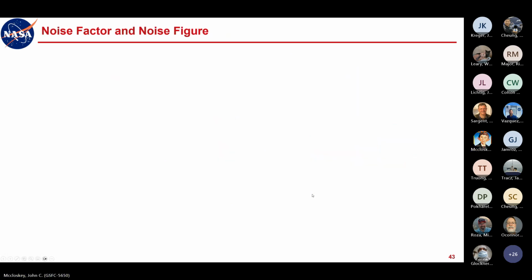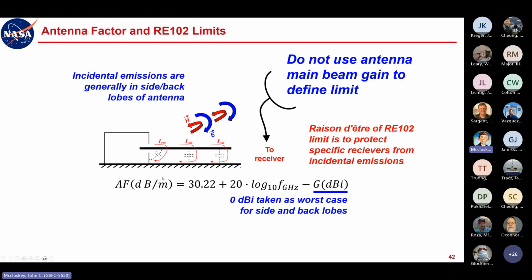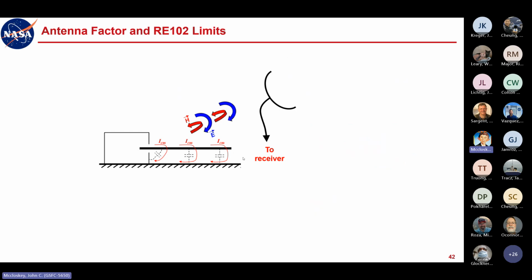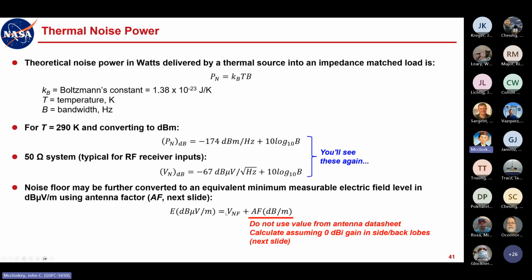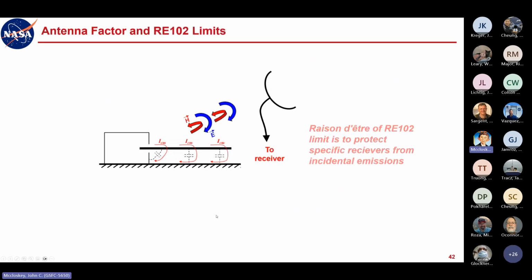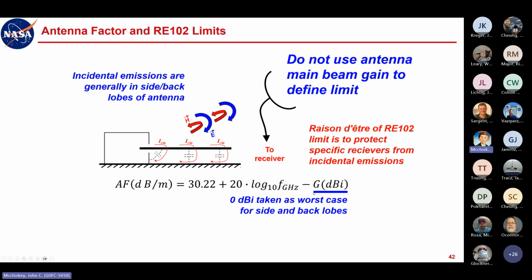I don't have a specific chart on this, but what you're doing here is taking that antenna factor and adding it to your noise floor to get your noise equivalent electric field. The nominal gain you should be using for this antenna factor in this analysis should be 0 dBi as your worst case.